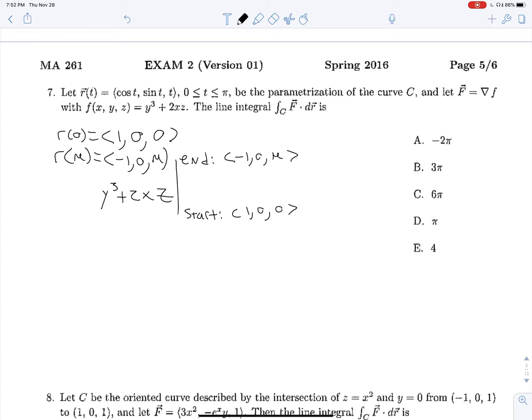So evaluating this end bit is going to turn into negative 2 pi, and over here, we have a y, y is equal to 0, and also z is equal to 0, so this whole thing's 0, and our answer is negative 2 pi.